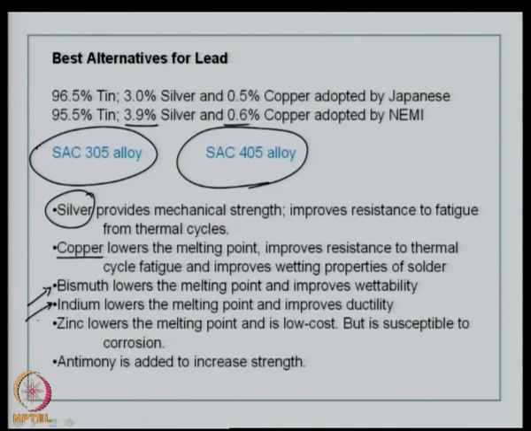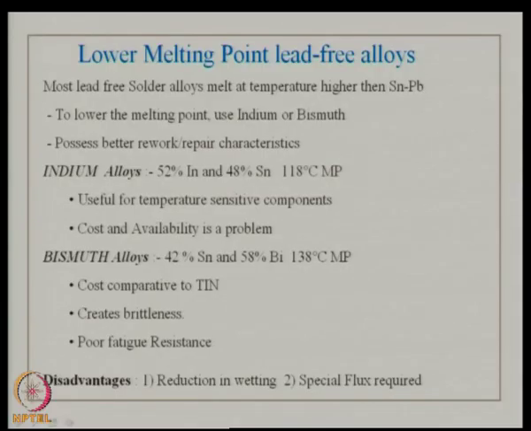Tin indium alloys are known, expensive though, lowers the melting point and improves the ductility. Zinc, if used in any of the tin alloys for lead free, lowers the melting point and is low cost, but it is susceptible to corrosion. So, you do not want to really use that. Antimony is added to increase the strength, in a very small percentage. So, these are the best alternatives for lead free solder.